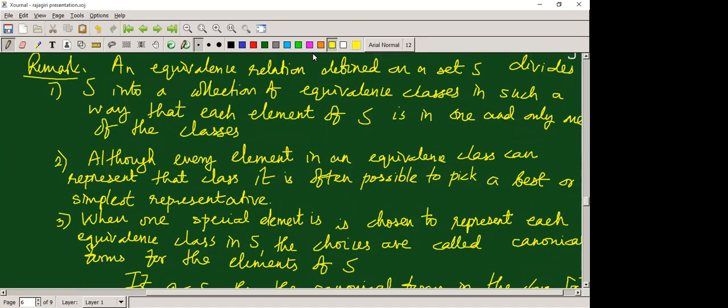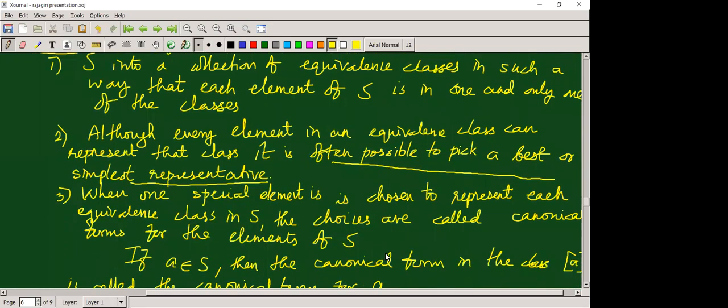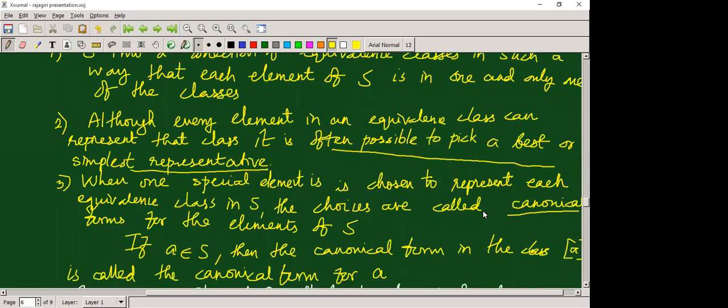Even though there are so many elements in the equivalence class containing a particular element, we have to pick a best or simple representative. When one special element is chosen to represent each equivalence class in S, then the choices are called canonical forms for the elements of S.